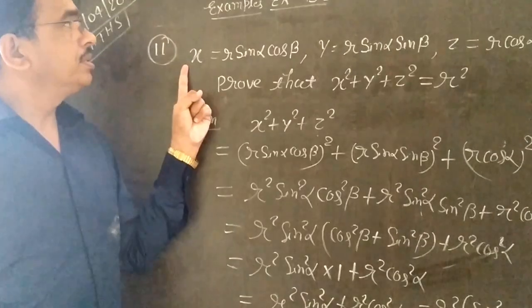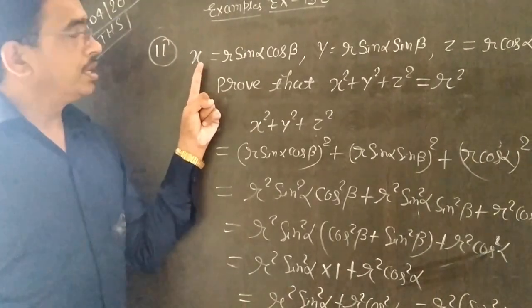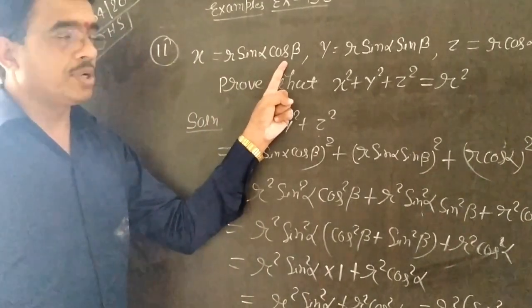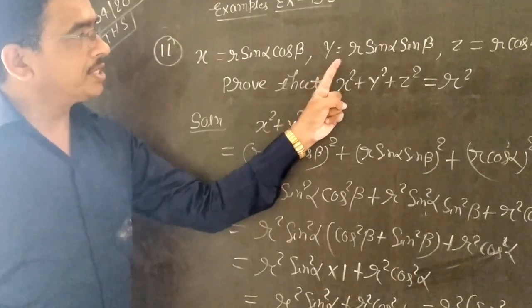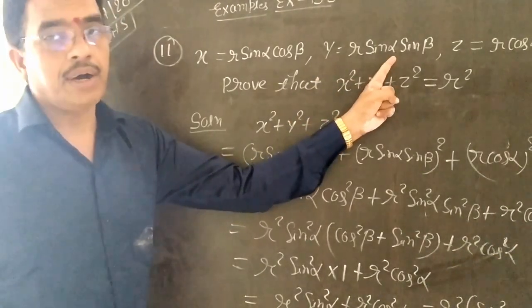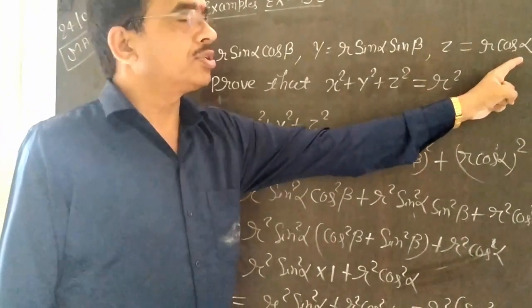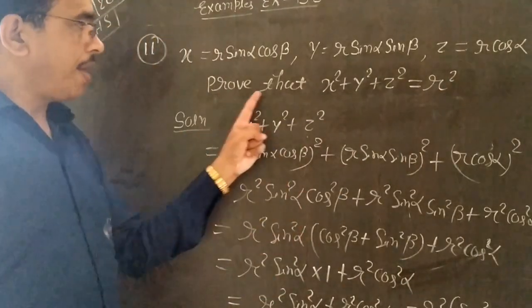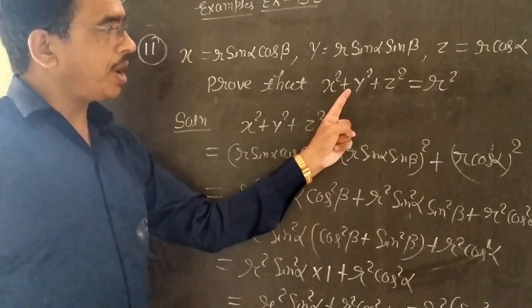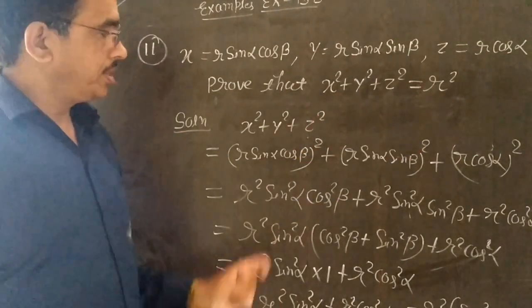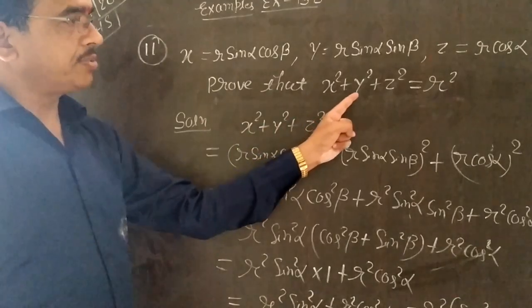Number 11, that is x is equal to r sin alpha into cos beta, y is equal to r sin alpha into sin beta, and z is equal to r cos alpha. You have to prove that x square plus y square plus z square is equal to r square. LHS is x square plus y square plus z square.